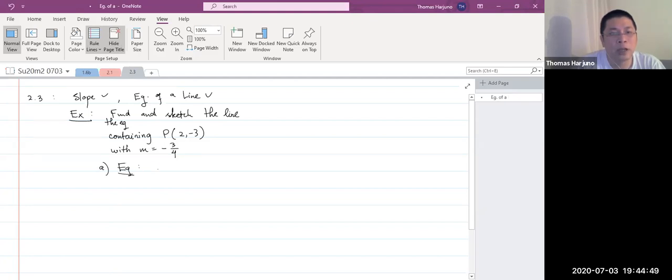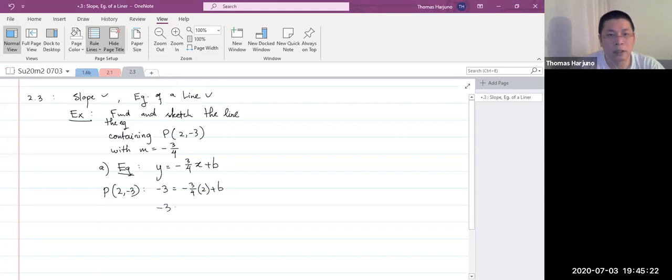because the slope is -3/4, it must be y equals to -3/4 x plus b. And to find the equation, I need to find the b. We will find the b by plugging in the coordinate P. -3 equals to -3/4 times 2 plus b.